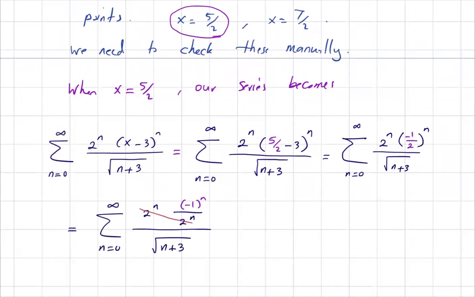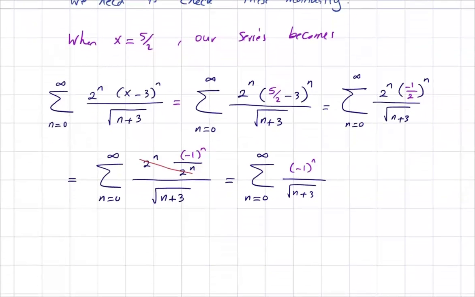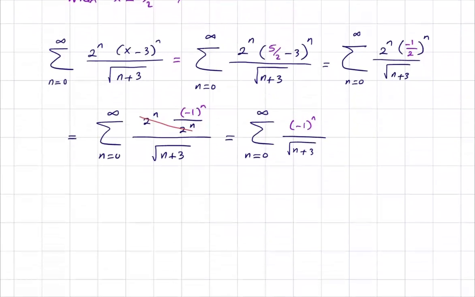So you can cancel out 2 to the n and 2 to the n, and you end up with an alternating series. This is (-1) to power n divided by square root of n plus 3, and start from 0 to infinity. This series is an alternating series. This new series, when x is equal to 5/2, is an alternating series.